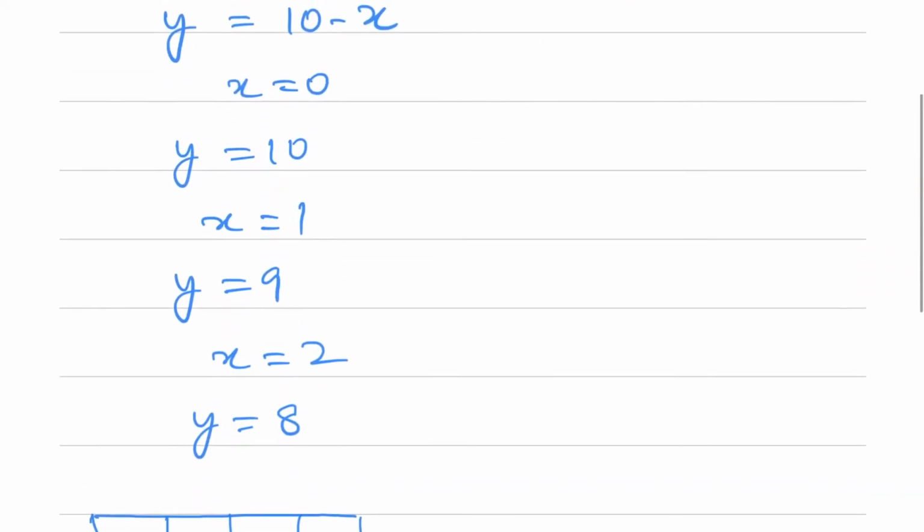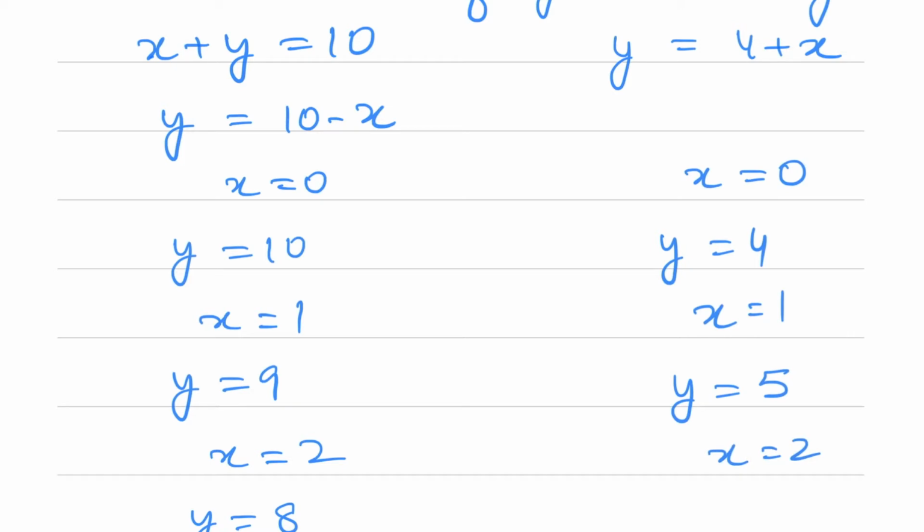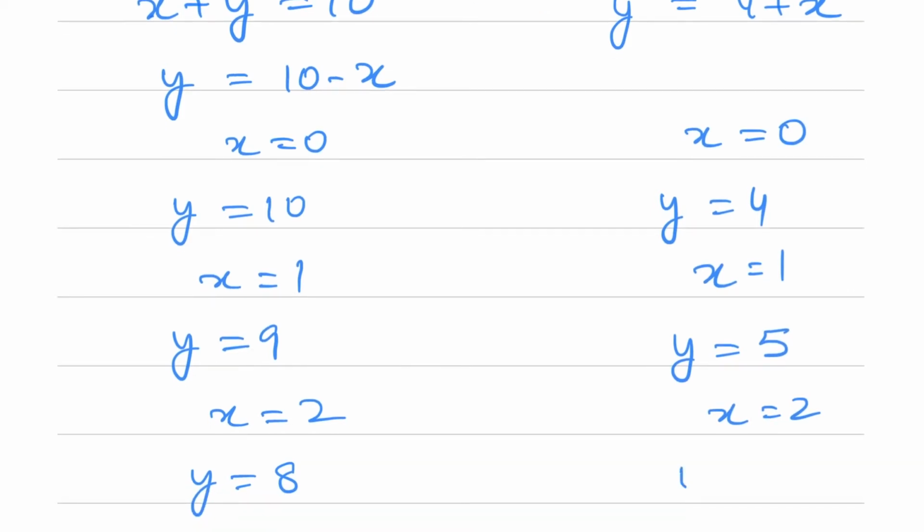Let's go to the second equation. The second equation is y is equal to 4 plus x. So if x is equal to 0 here, then my y would be equal to 4. If x is equal to 1, then y would be equal to 5. If x is equal to 2, then y would be equal to 6.